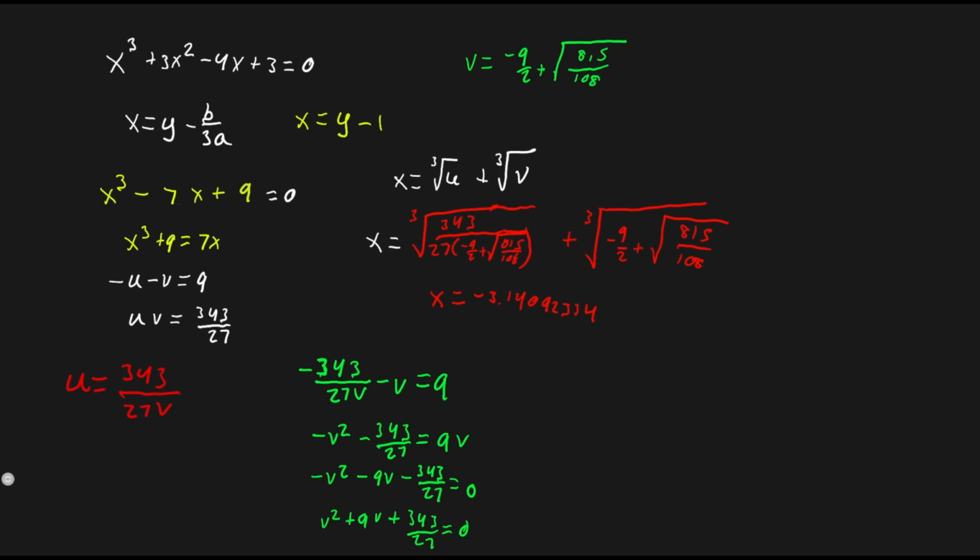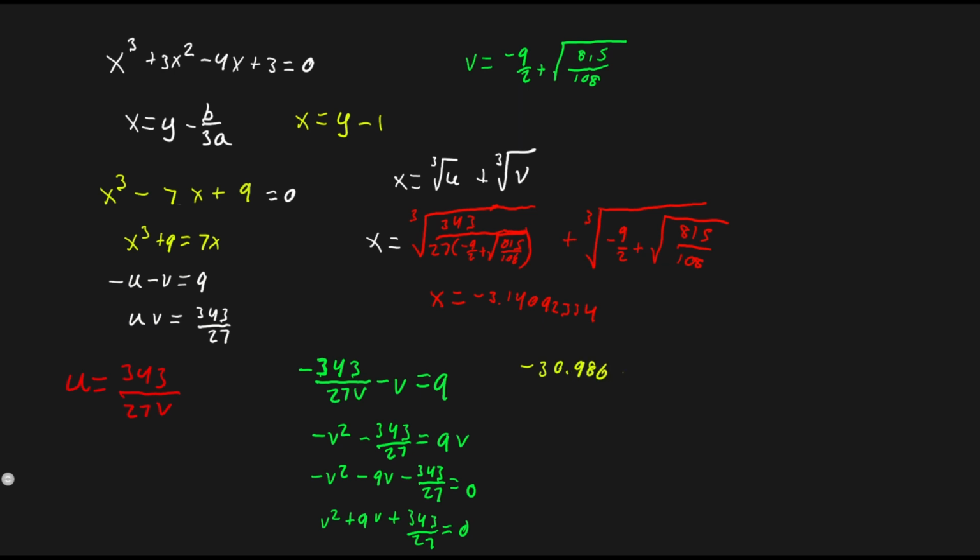Since if we just go ahead and plug in x equals -3.14092334, we're going to take the cube of that. So we will get, let's write it in yellow actually, -30.986.